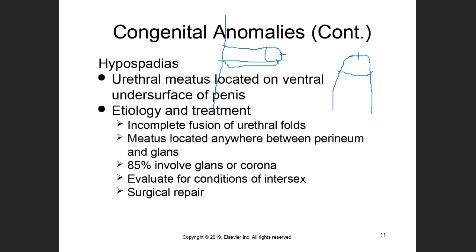If you have the opening from here all the way here, that's epispadias, okay? Etiology is incomplete fusion of the urethral folds, meatus located anywhere between the perineum and glans. 85% involve the glans or corona, and the treatment always is surgery, okay?